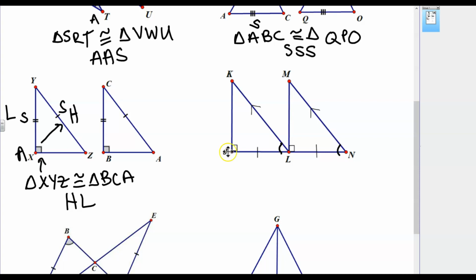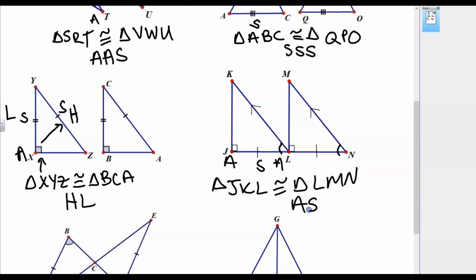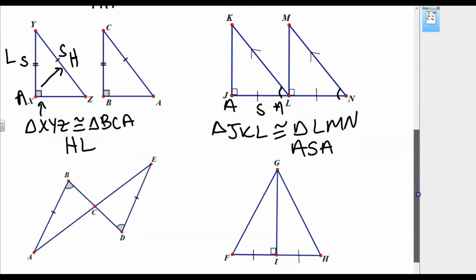So what I end up having here is an angle, a side, and an angle marked, where the side is included between both the angles. So these are congruent. So I can say that triangle JKL is congruent to triangle LMN by angle, side, angle, ASA.